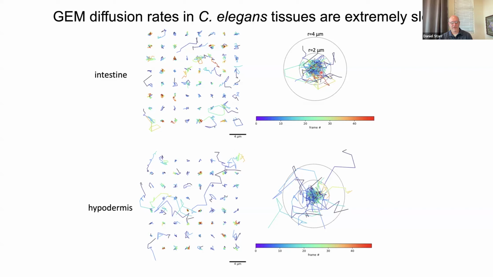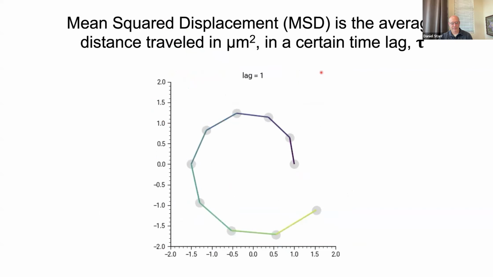So how do we quantify particle tracking? We use a tool called mean squared displacement, which measures the distance that a particle will travel, in squared microns, over a certain time lag. So this particle here, with a time lag of 1 frame, keeps diffusing around.